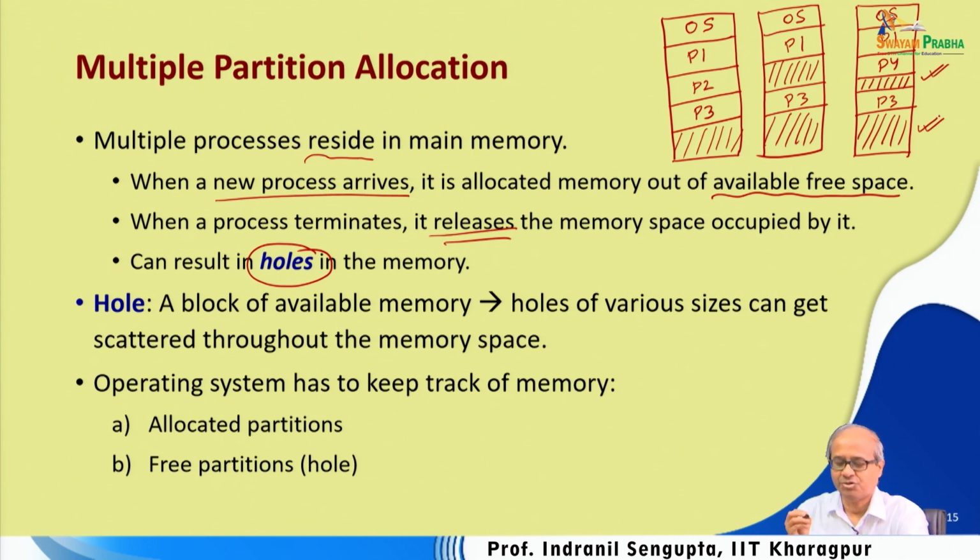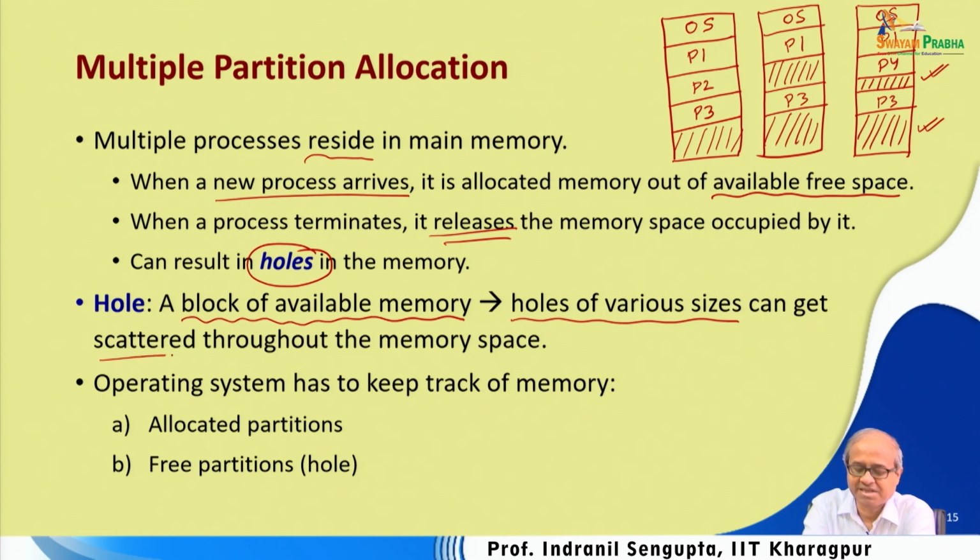A hole is basically a block of available or free memory space. With time, as processes arrive and finish and new processes arrive, there can be holes of various sizes scattered all throughout the memory space.